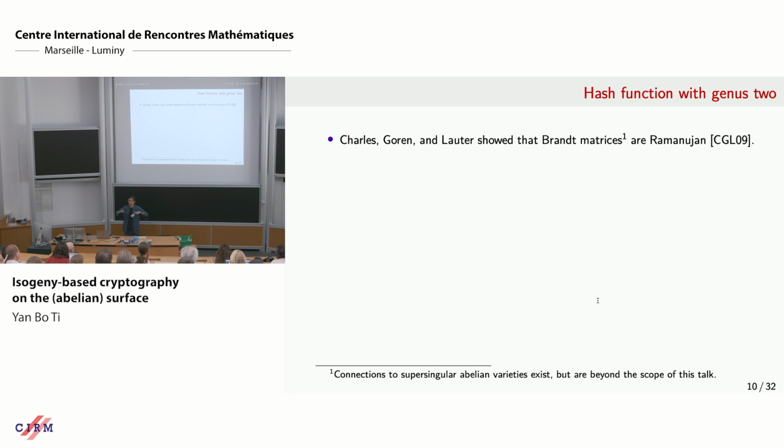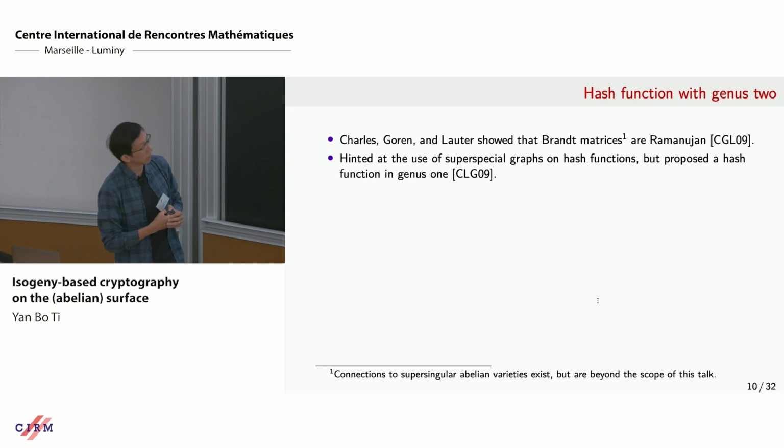Ramanujan just means that it's an expander graph, so you only need to walk sufficiently many steps before this becomes randomly distributed. But they didn't actually prove that it's Ramanujan for the supersingular abelian varieties, because this is not true in general. But this is the first instance of genus 2 that I've seen in cryptography.